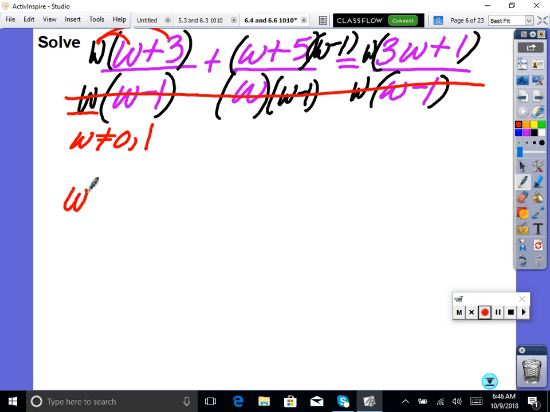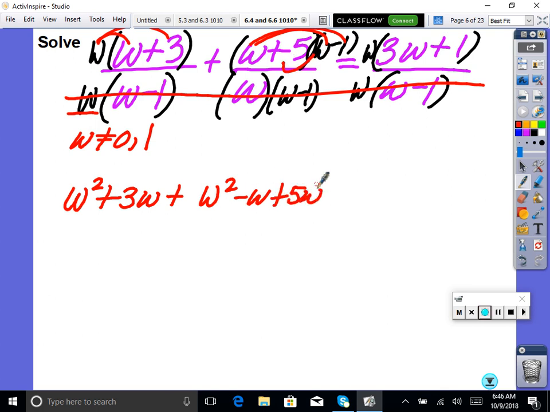So we would have w squared plus 3w plus... and it looks like we have a double distribution: w squared minus w plus 5w minus 5 is equal to... then distributing that through, 3w squared plus w.